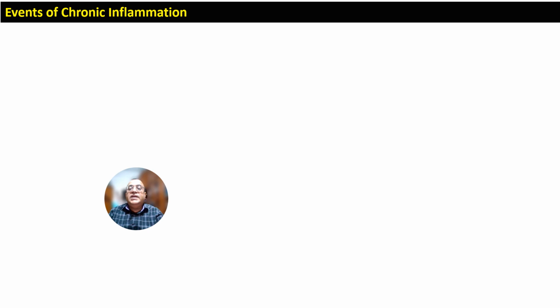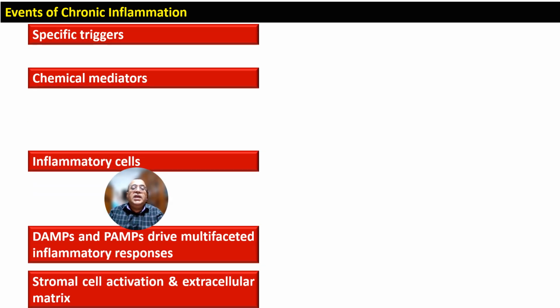What are the events that occur during this process? The events can be enumerated as specific triggers, chemical mediators, inflammatory cells, the interaction of DAMP and PAMP, that are the damage associated molecular pattern and pathogen associated molecular pattern with pattern recognition receptors, and stromal cell activation and extracellular matrix.